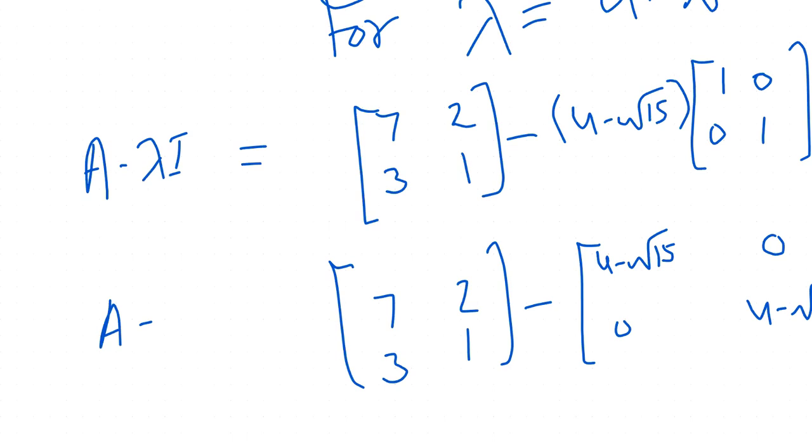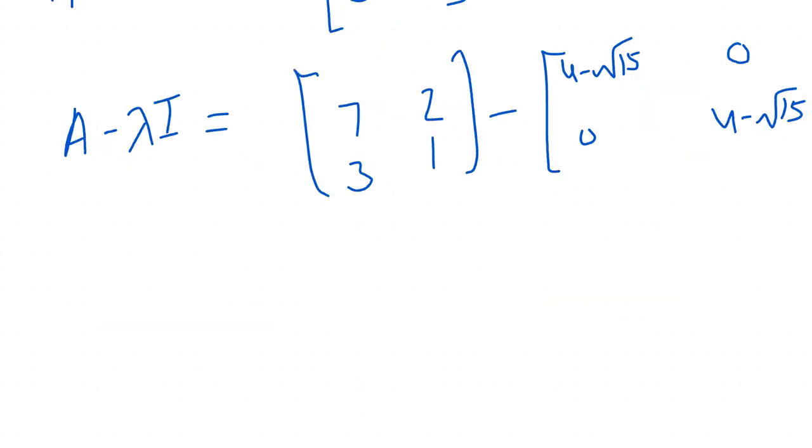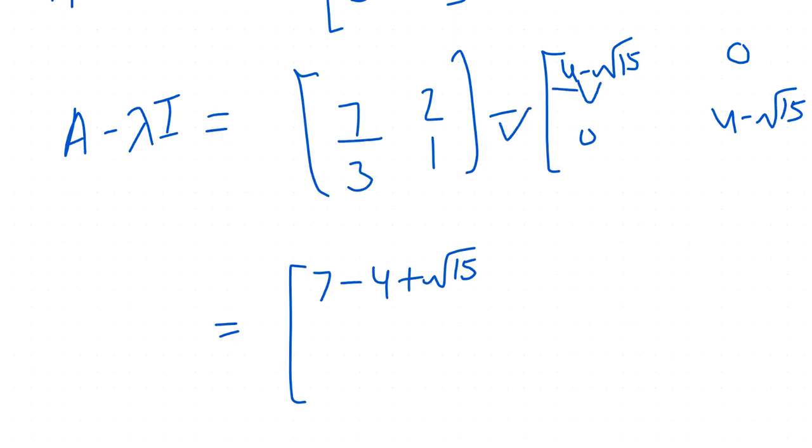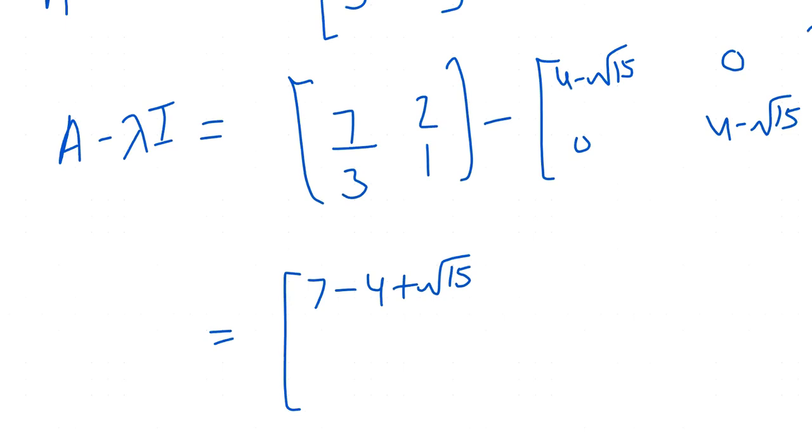Now subtract corresponding elements. So we have 7 minus 4 plus square root of 15. You know why? 7 minus this minus, and this minus makes it plus. And this will be the same because 0 is nothing, so from 2 we subtract 0, so obviously write 2 itself. And 3 minus 0 is 3.